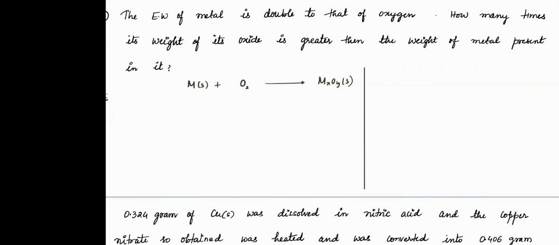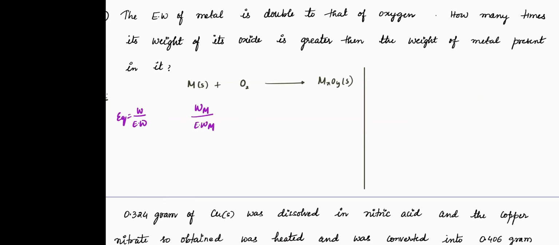In that case, how do I write the equivalent weight here now? By definition, number of equivalents is equal to weight divided by equivalent weight, isn't it? So I write weight of metal divided by equivalent weight of metal, which gives the number of equivalents.